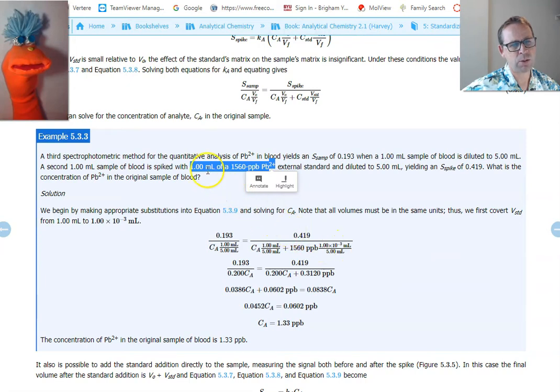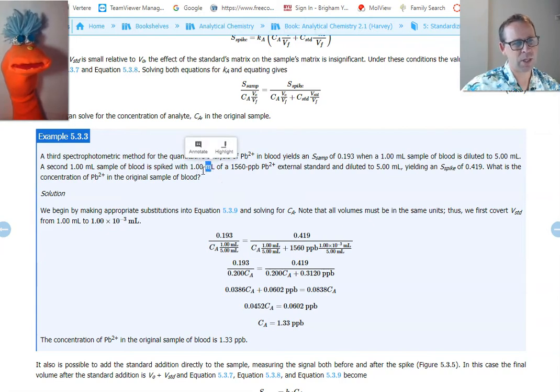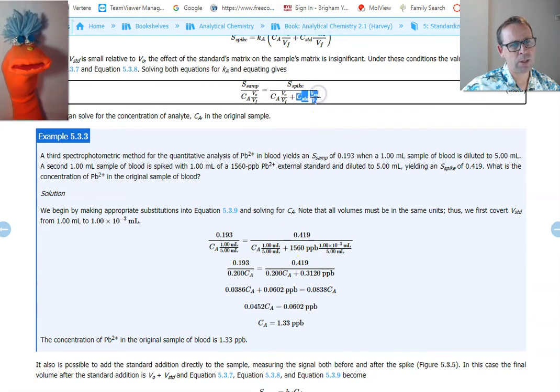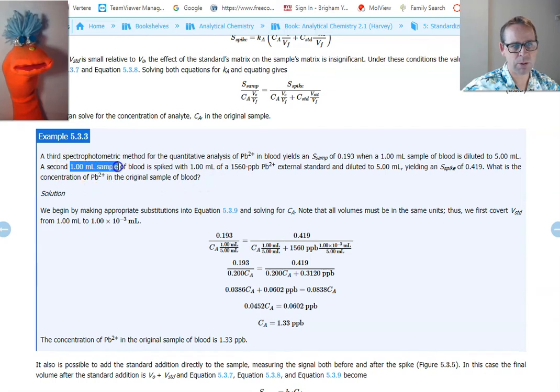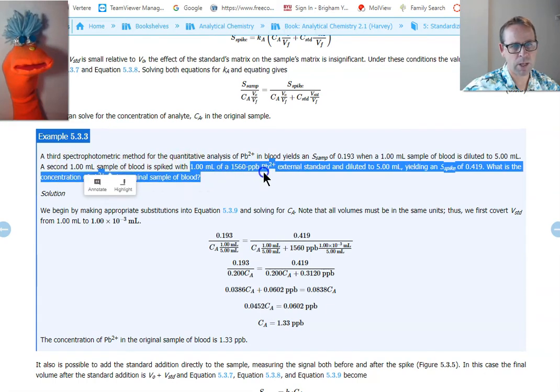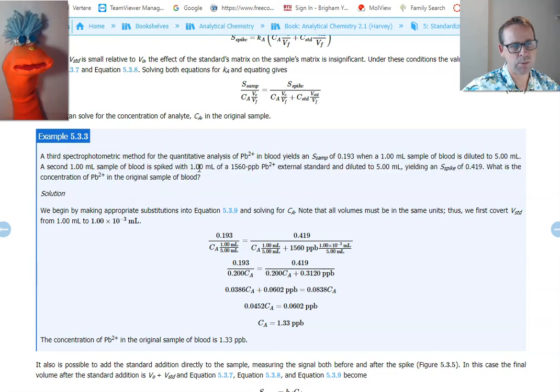Which makes sense because you wouldn't want to put a whole milliliter of your spike in. So it looks like this mL should have been a micro sign there. So either way, you just follow what the equation says, which is the volume of your standard. And again, the volume of the standard has to be a small amount compared to the volume of your sample to start off with. So it doesn't make sense to do 1 milliliter. They must have been thinking to do it in 1 microliter.